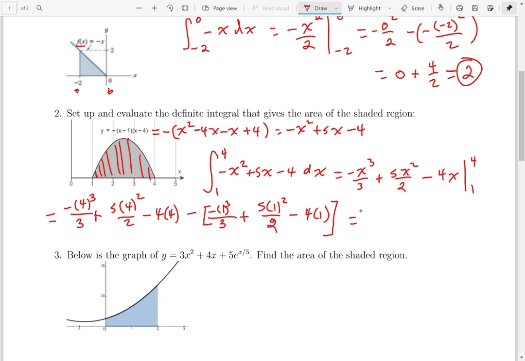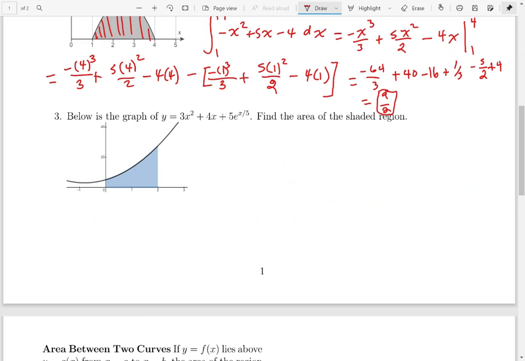And so I get this is negative 64 thirds plus 40 minus 16 plus 1/3 minus 5 halves plus 4, which I get to be 9 halves. And so I claim that the area of that shaded region is 9 halves.